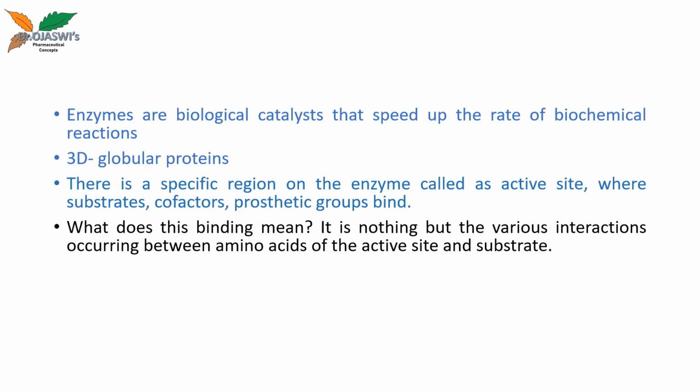What does this binding mean? What does this attachment mean? It means the various interactions occurring between the amino acids of the active site and the substrate. When the substrate comes here, there are various interactions happening between the substrate and the various amino acids making the active site.